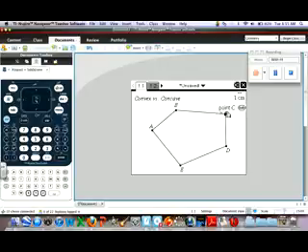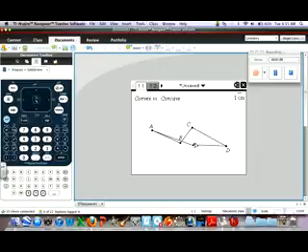With the concave, you have at least one point that no longer points out, it points in. So that's a concave polygon. Sometimes you have really neat concave polygons. We can have something that looks like this. Believe it or not, although that doesn't really look like a polygon, it really is.